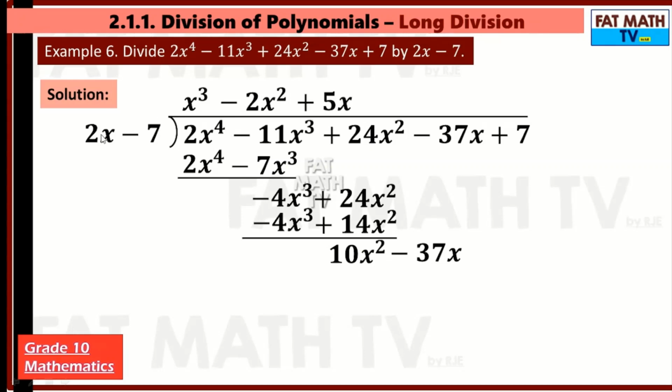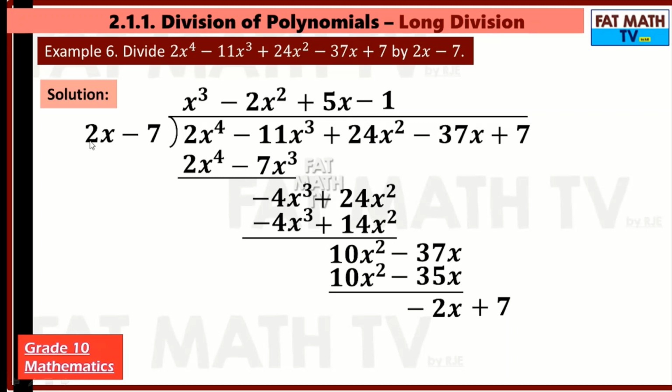And 5x times 2x, that's 10x squared. 5x times negative 7 is negative 35x. If you subtract, you will have negative 2x. Bring down 7. Negative 2x divided by positive 2x, so that's negative 1.